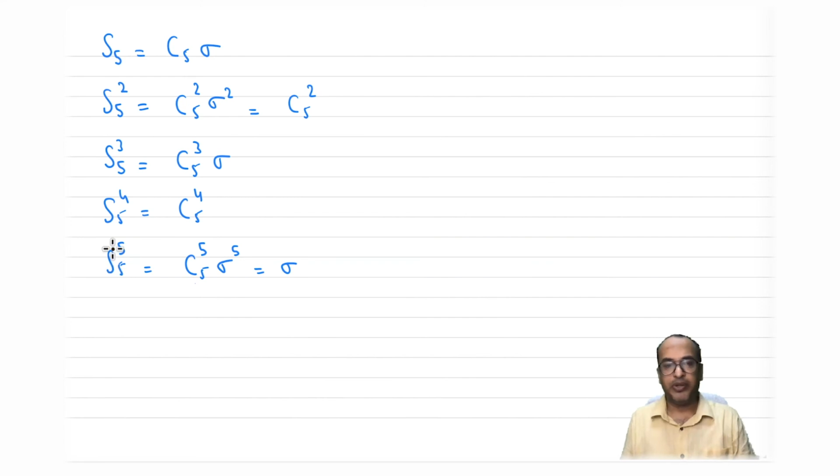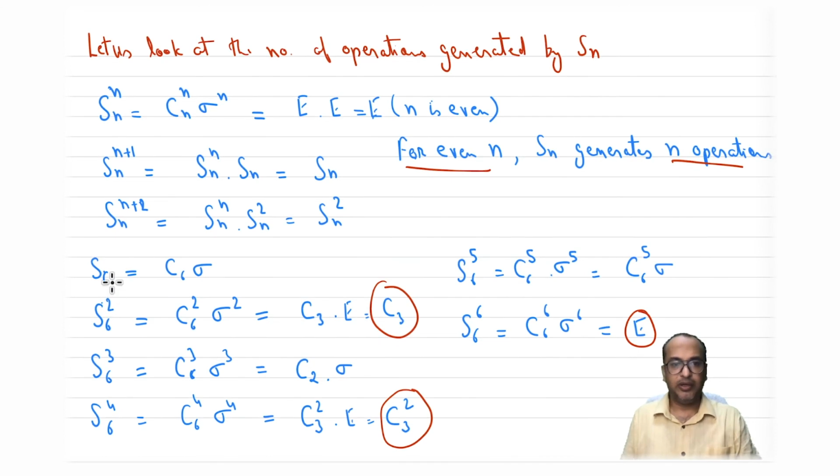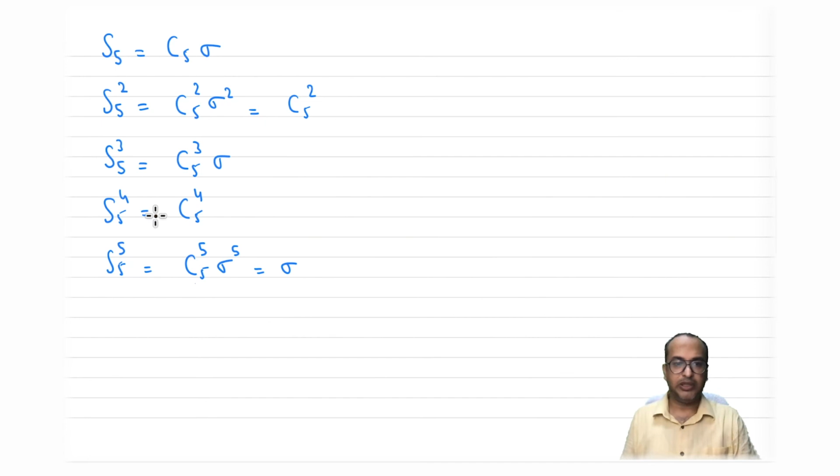So we have reached S5 to the power 5. Now we should see whether we start to get an operation back or we are getting some different operation. In case of Sn plus 1, when we tested here, we were getting Sn back. In case of n plus 2, we were getting Sn2 back. So let's see what happens here. S5 to the power 6, do we get S5 back or not?